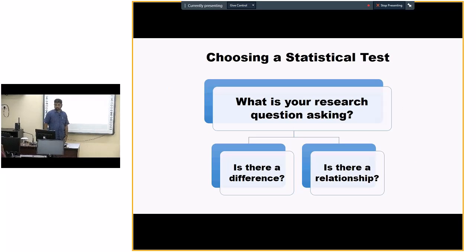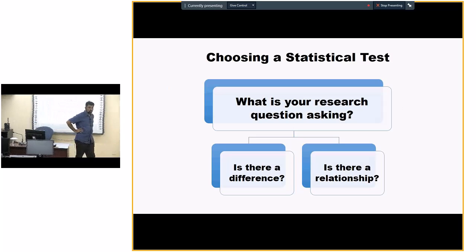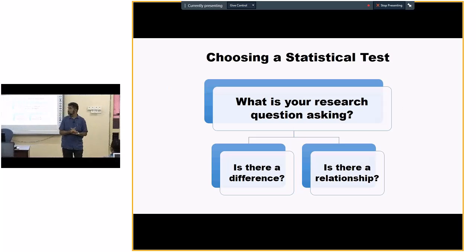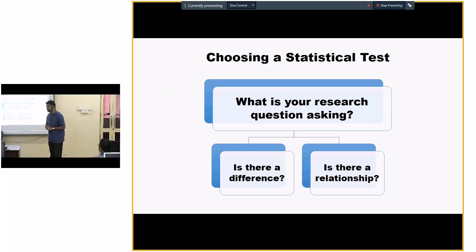Now, if I consider the first matter, what is that? The purpose of your research, or research question, or problem. What is your research question asking? Is there a difference, or an association or relationship, or as I told earlier, prediction or the impact?